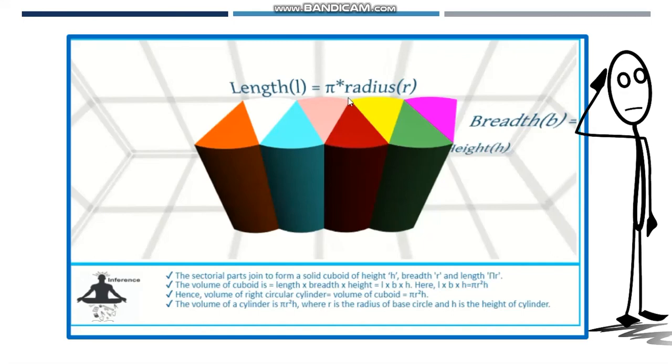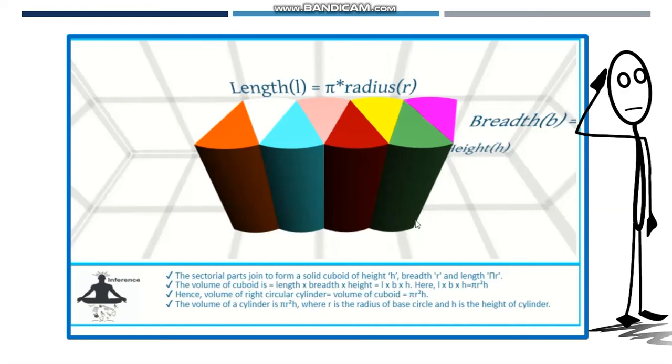The length is π times r because it is half of the circumference, and this breadth is the radius, and our height is the height. When we find the area of this base, it is π times r squared, and the height is h. π times r squared times h.